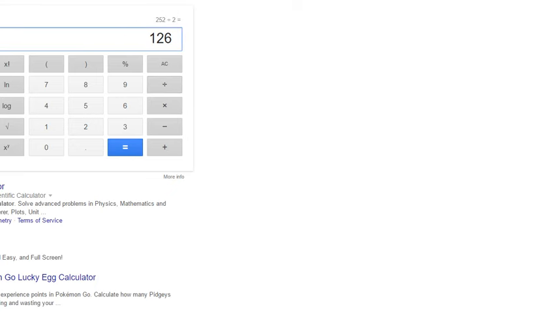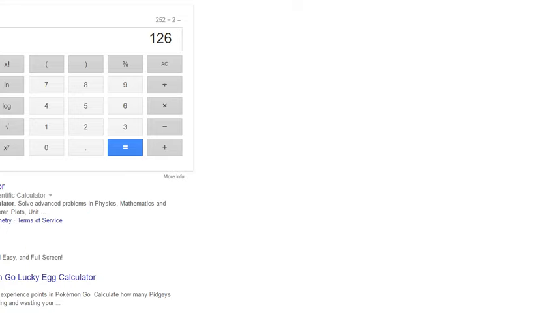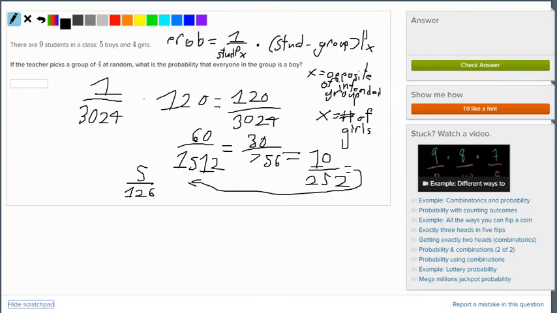Divided by 2 leaves us with 5 over 126. And since 5 is a prime number, we know that cannot be simplified any further.